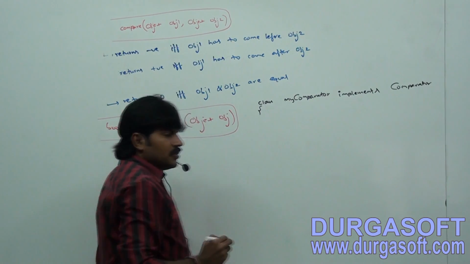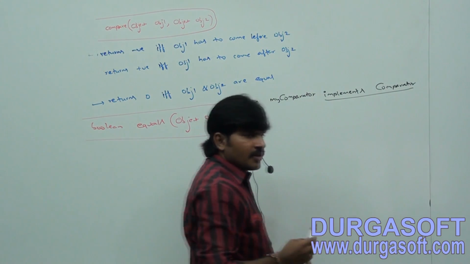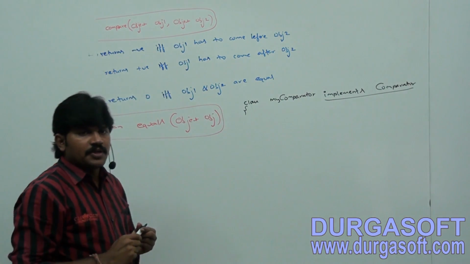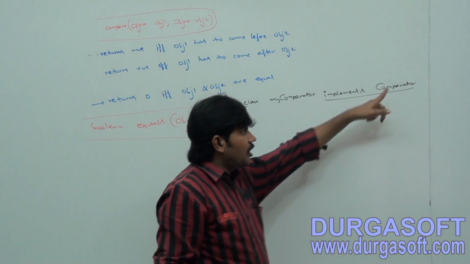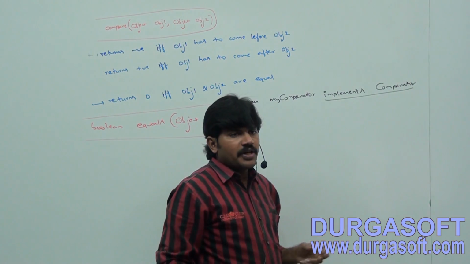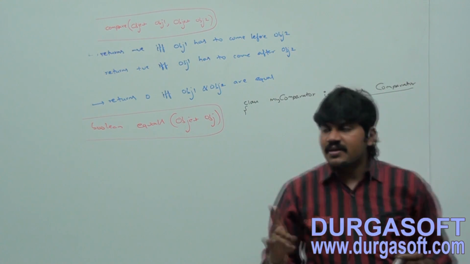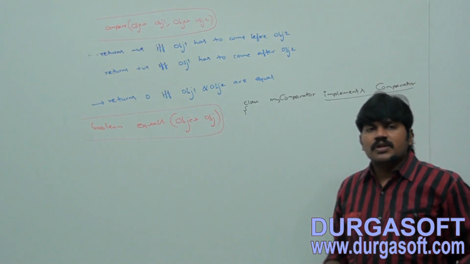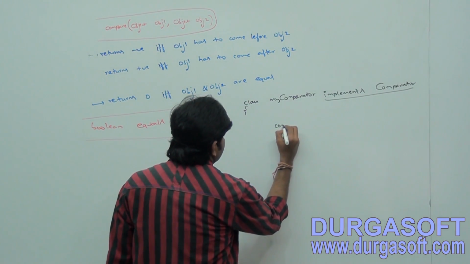Sir, whenever we implement an interface, for how many methods do I have to provide implementation? Compulsorily, for each and every method of the interface we should provide implementation, right? But whenever we implement the Comparator interface, we have to provide implementation only for the compare method.